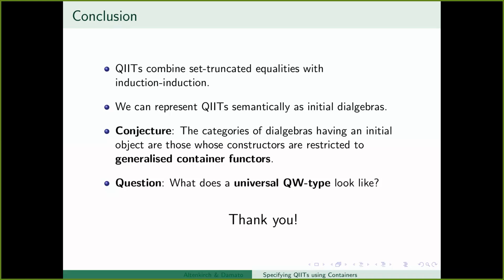Okay, wonderful. Yeah, I'm not really familiar with containers, but if I interpret it correctly, in the normal inductive data types, they correspond with the polynomial functors? Yes, also known as polynomial functors. Yeah, so the types here are equivalent to polynomial functors.